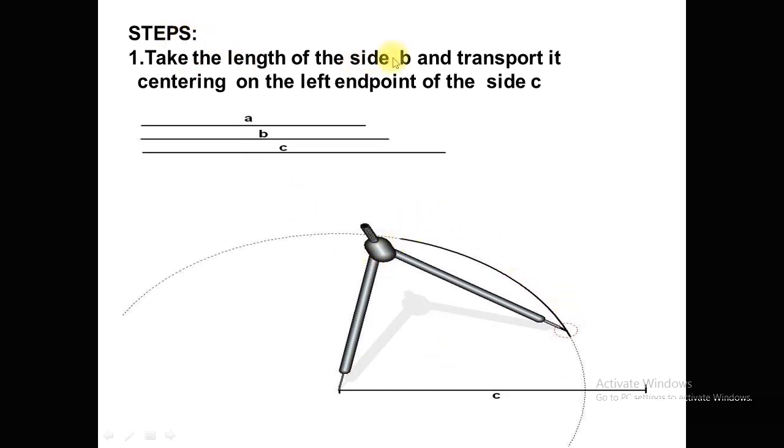As I have already told you in the previous slide, open the compass about the length of this side B, take the compass at this end point and draw this arc. You see over here.